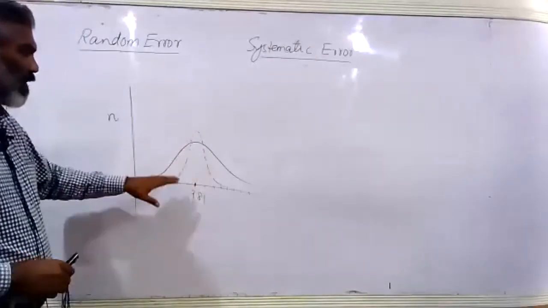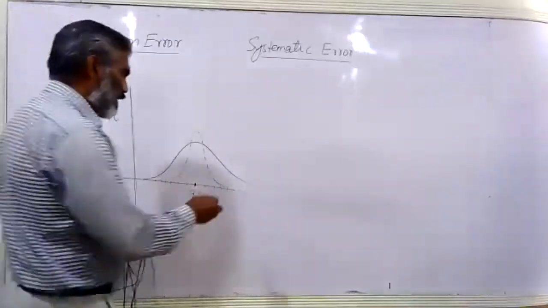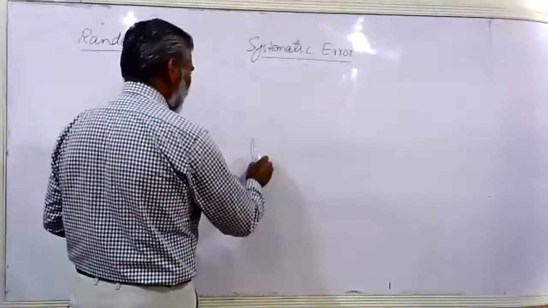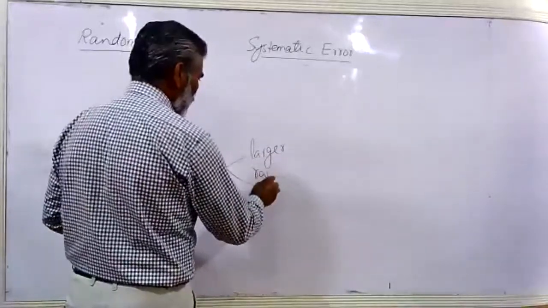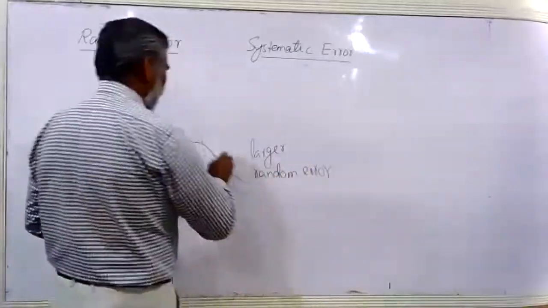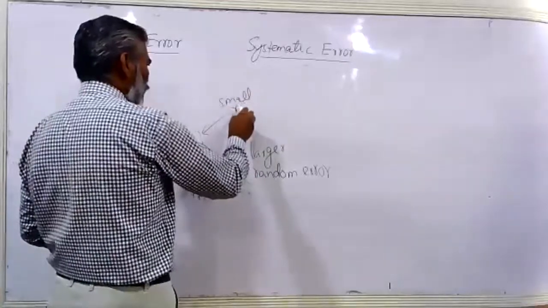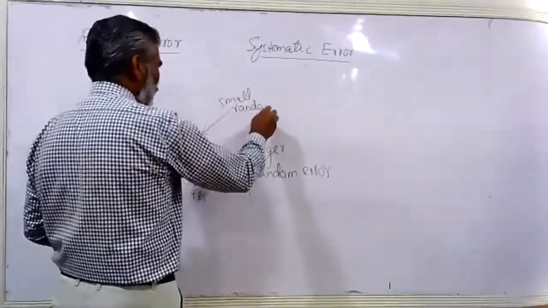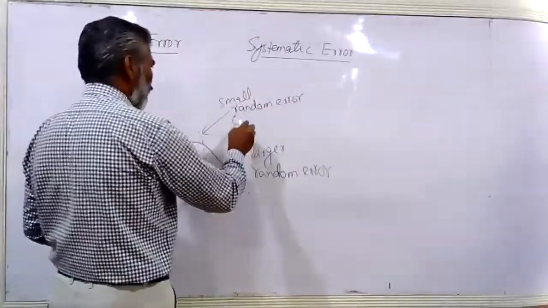So this experiment will be considered more accurate than this one. This has larger random error, and this one has small random error. Therefore, this will be considered more accurate.